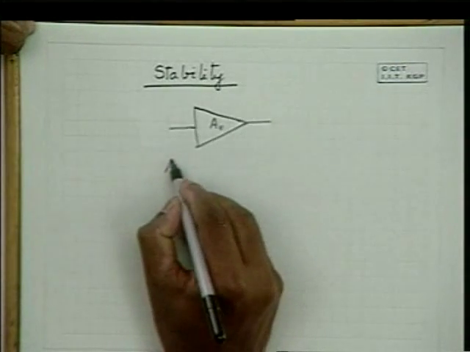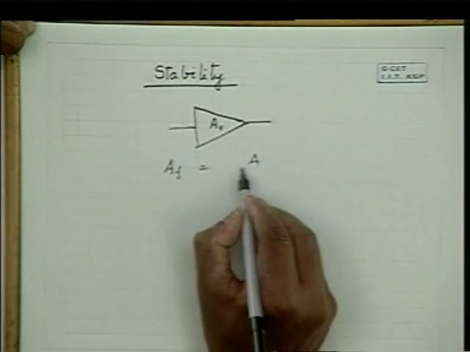So now you know that with feedback the gain is A by 1 plus A beta.